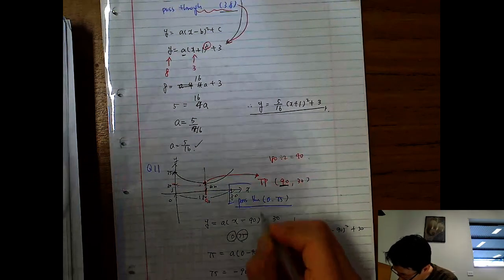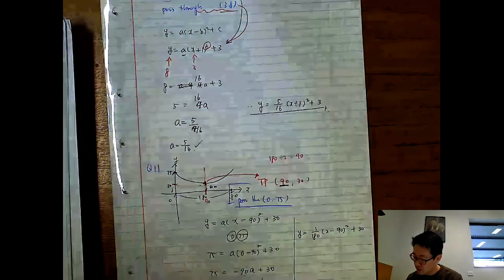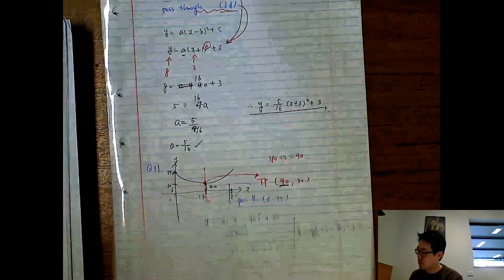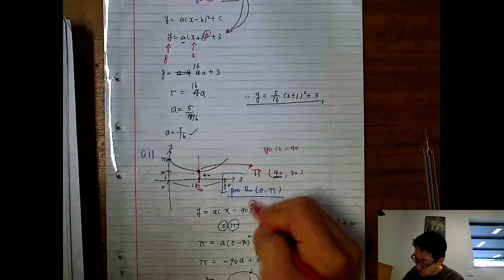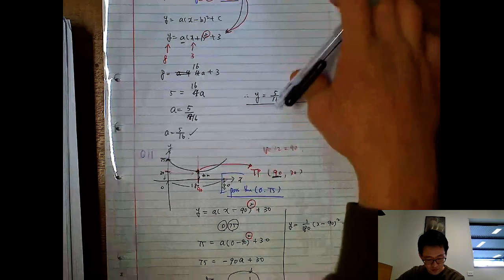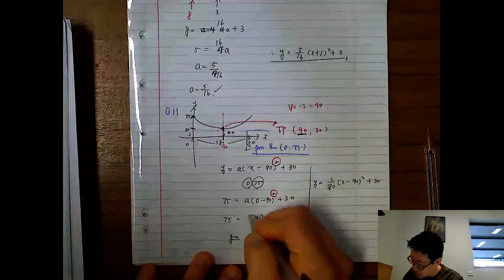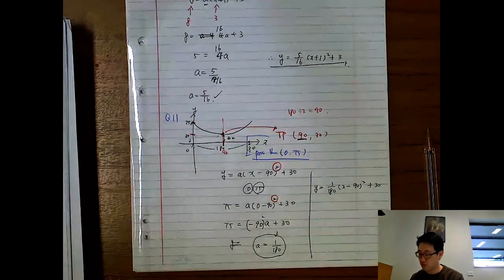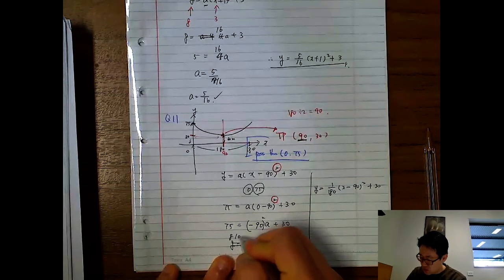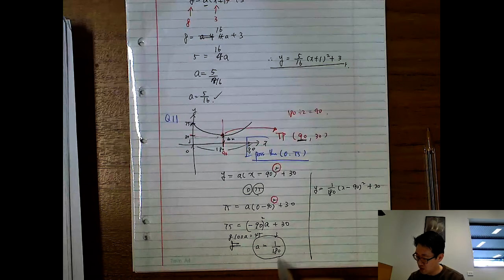I also keep forgetting to write down the squared number. Sorry, please don't forget that. Then that has to be squared. When you solve it from here, then you will get that.